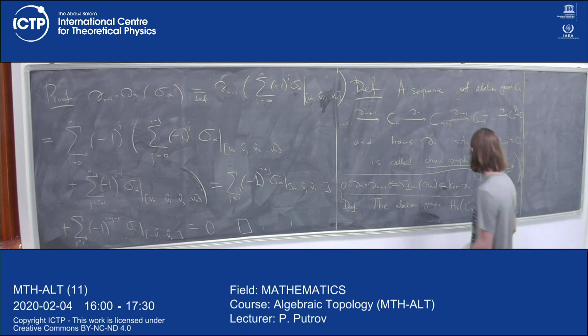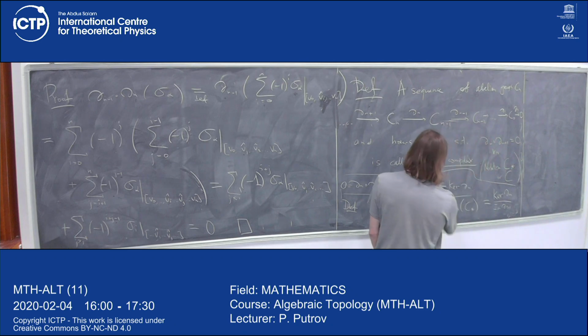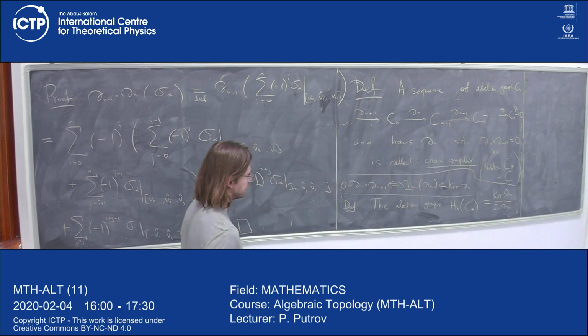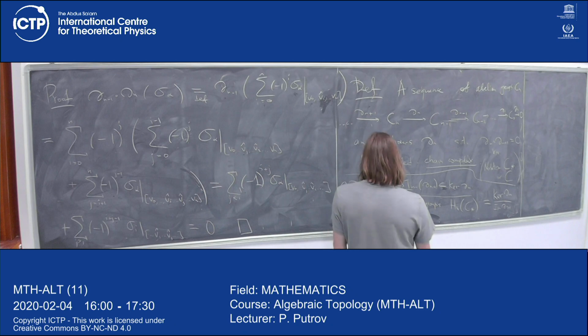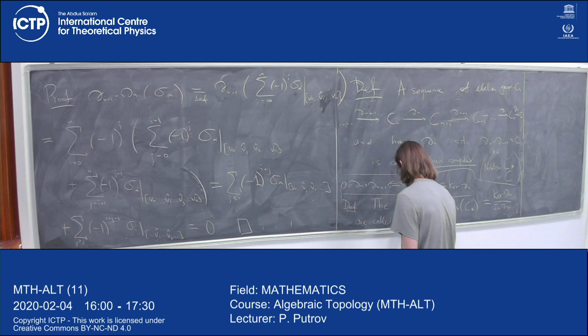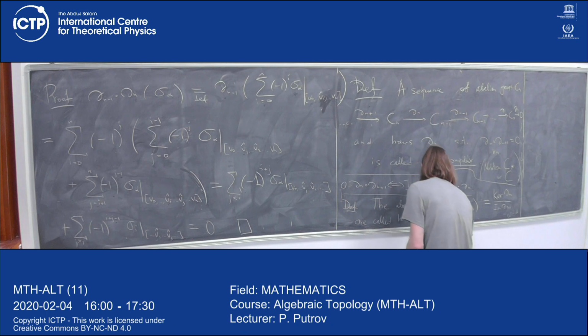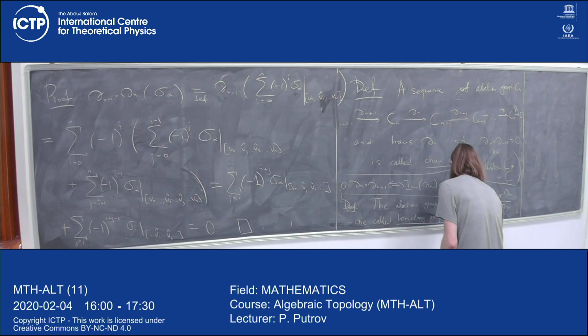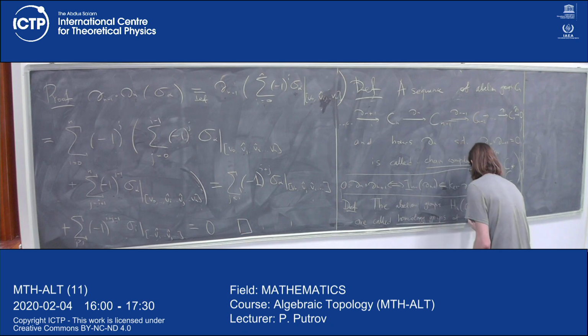This is well defined because the image is a subgroup of the kernel, so the quotient is well defined. The definition says that these groups are called homology groups of the chain complex.